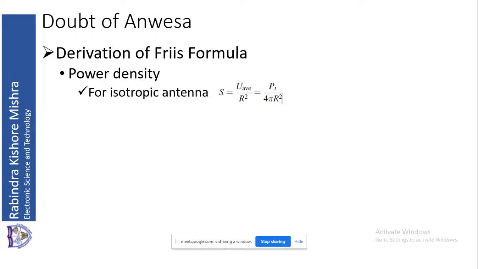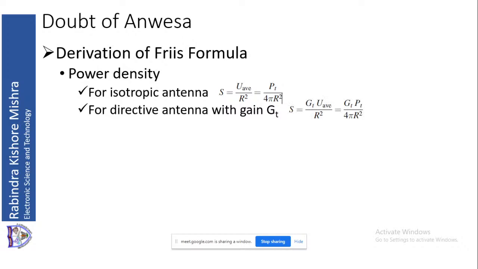Therefore, we define a gain GT. The directive antenna with gain GT gives how much gain it has over the isotropic antenna. So the power density of the isotropic antenna multiplied by the gain of the directive antenna gives the power density of the directive antenna.